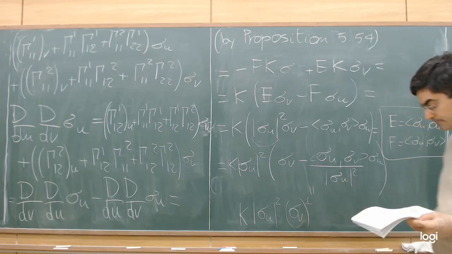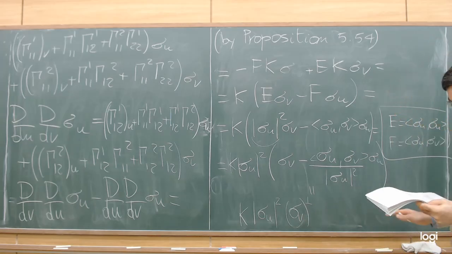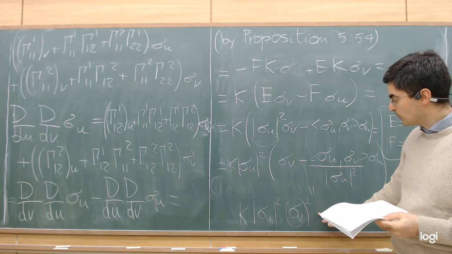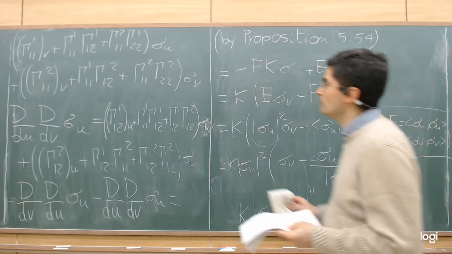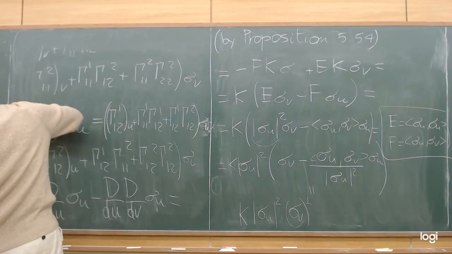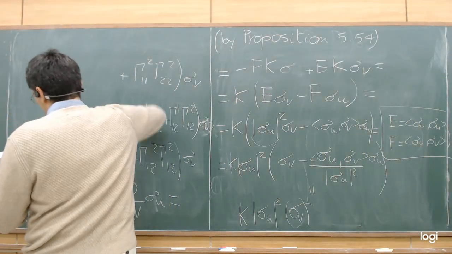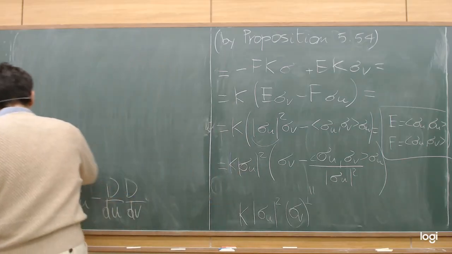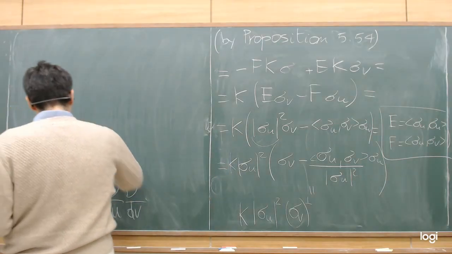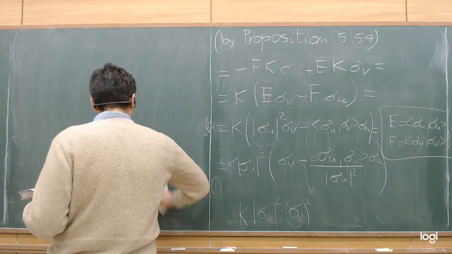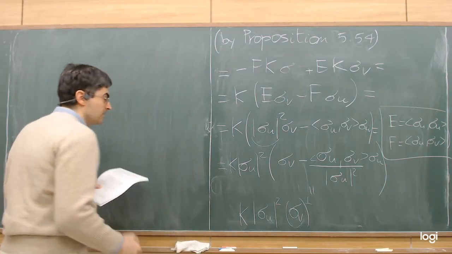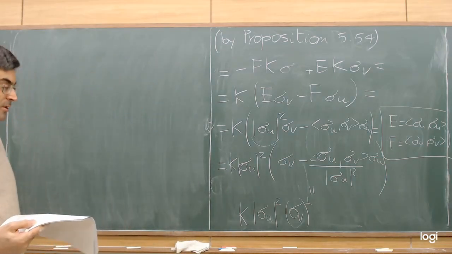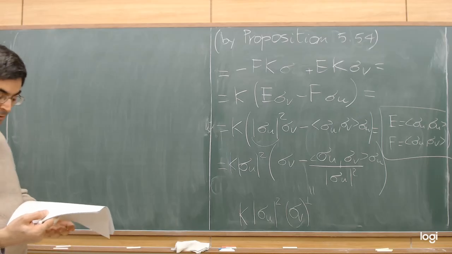So this is just K times the length of sigma u squared times the orthogonal projection of sigma v. Now we want to play with this formula and to prove it is equal to K times the length of sigma u cross product sigma v multiplied by the rotation by 90 degrees of sigma u.